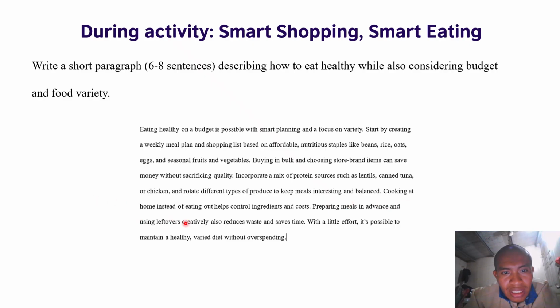Cooking at home instead of eating out helps control ingredients and cost. Preparing meals in advance and using leftovers creatively also reduces waste and saves time. With a little effort, it's possible to maintain a healthy, varied diet without overspending.